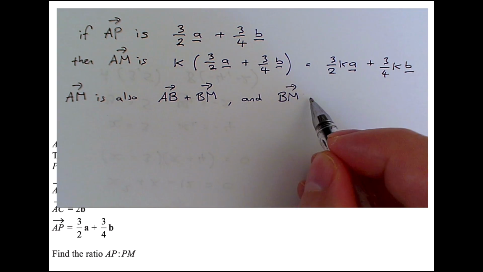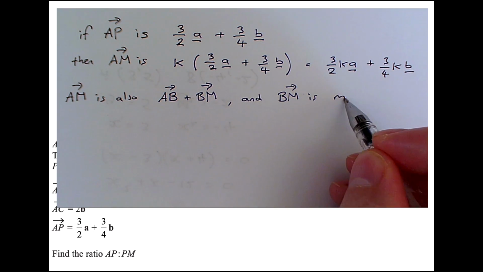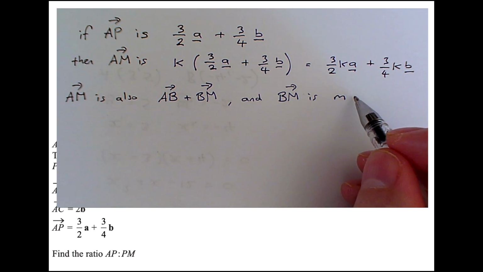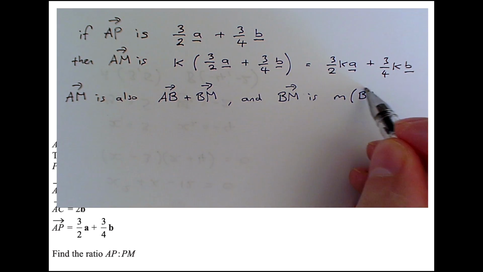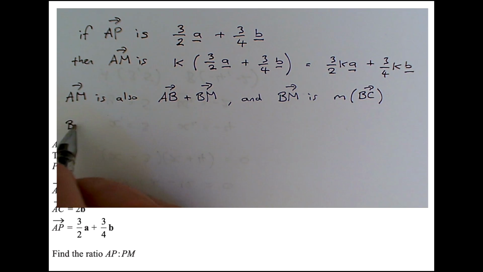So A to M is going to be A to B plus B to M, and B to M is some fraction, a different fraction from K, some M fraction of the journey from B to C. I hope you agree that if you start at B and you travel towards C, if you, let's say, half the journey, you might get to M.